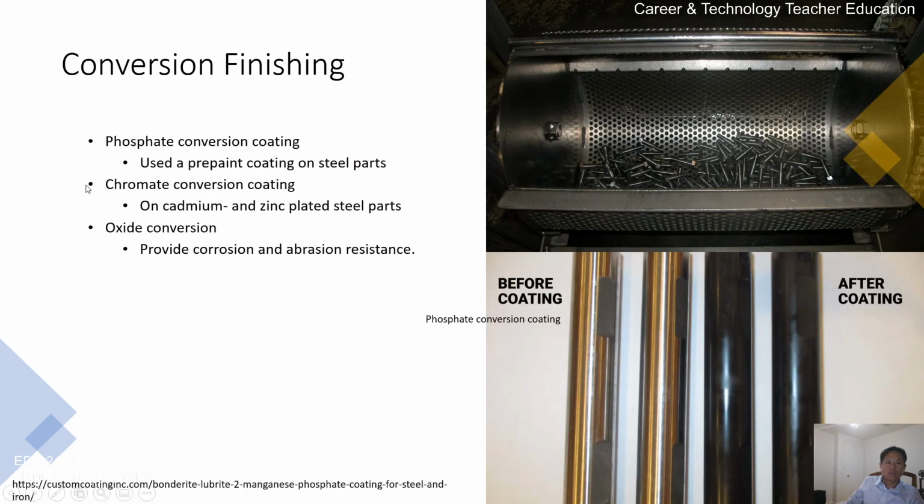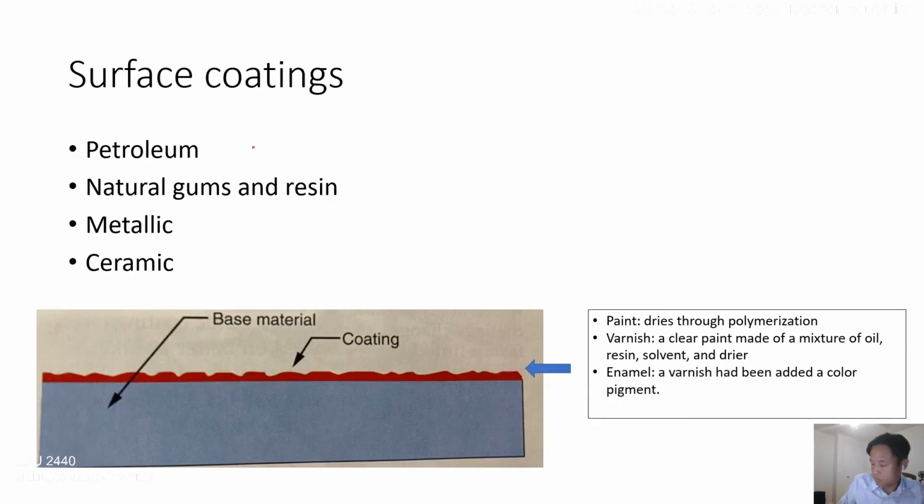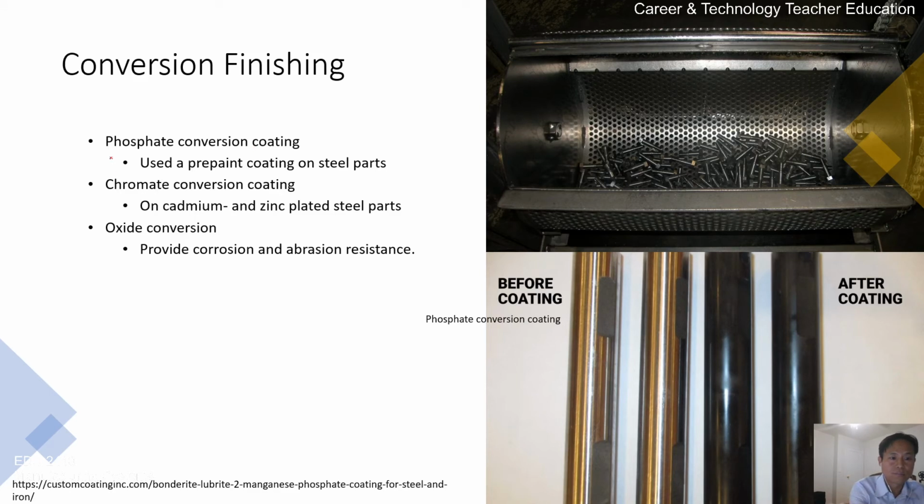Another example of conversion finishing is phosphate conversion, that is phosphate or chromate. Phosphate uses a chemical like phosphate to prepare the coating. This is an example of phosphate. It's similar to oxidation.